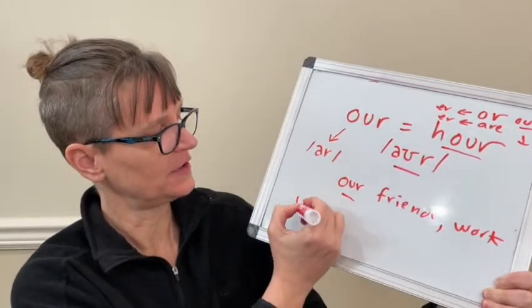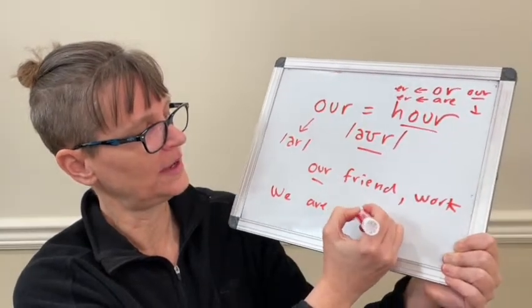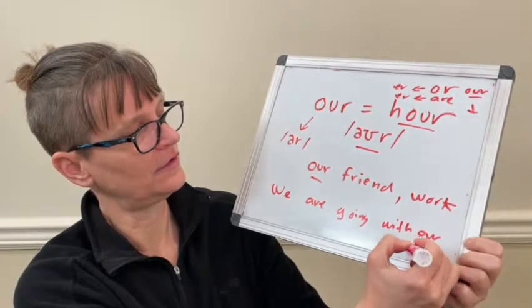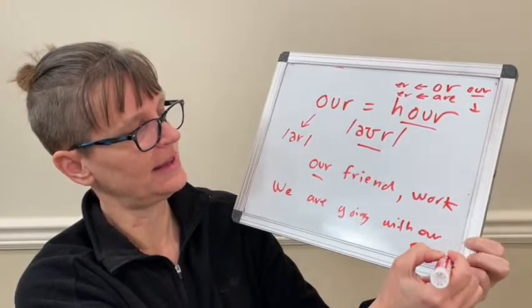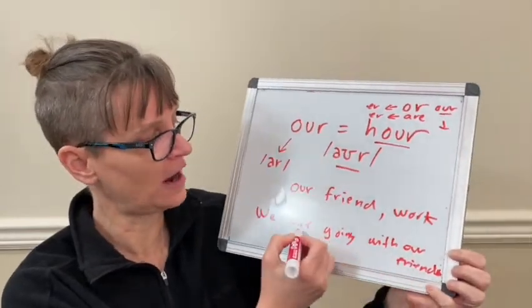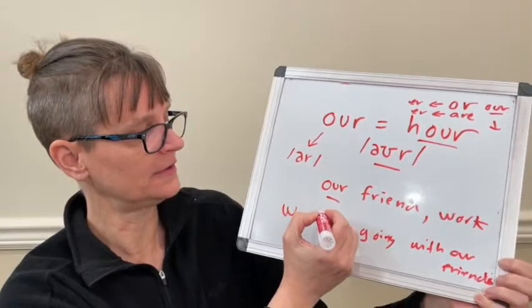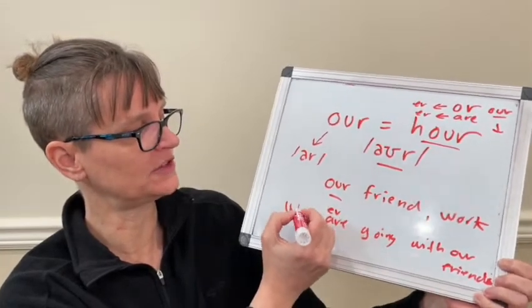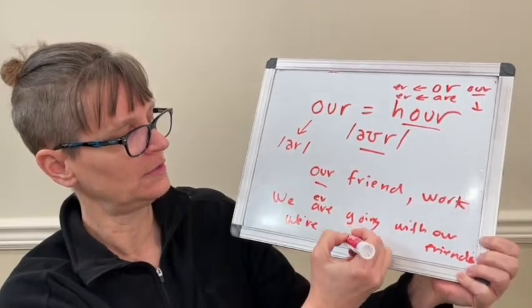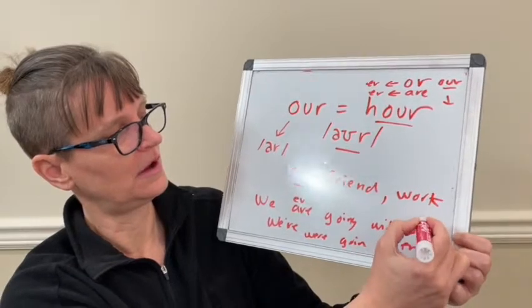So if I say, for example, we are going with our friends, unless I'm stressing particularly extra on are, or our, it'll sound more like we're. So this will get reduced to we're or we're going with our friends.